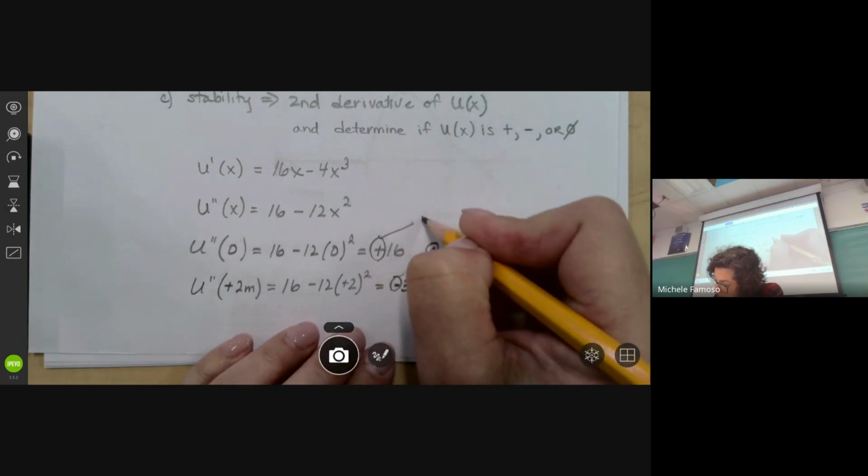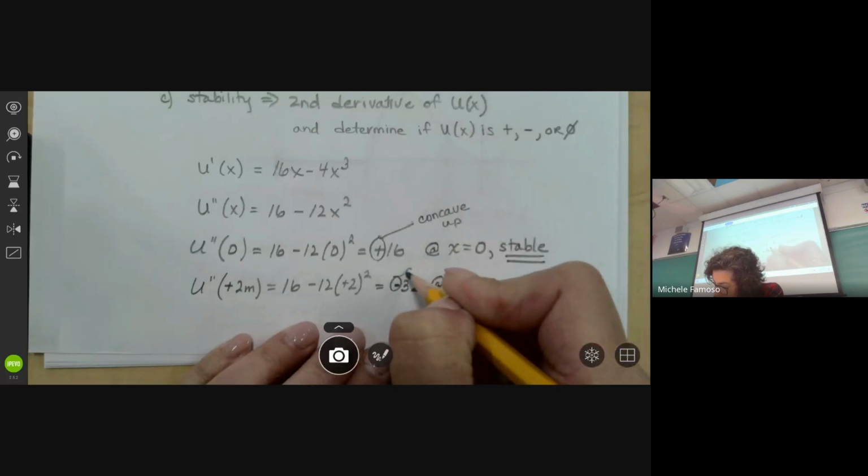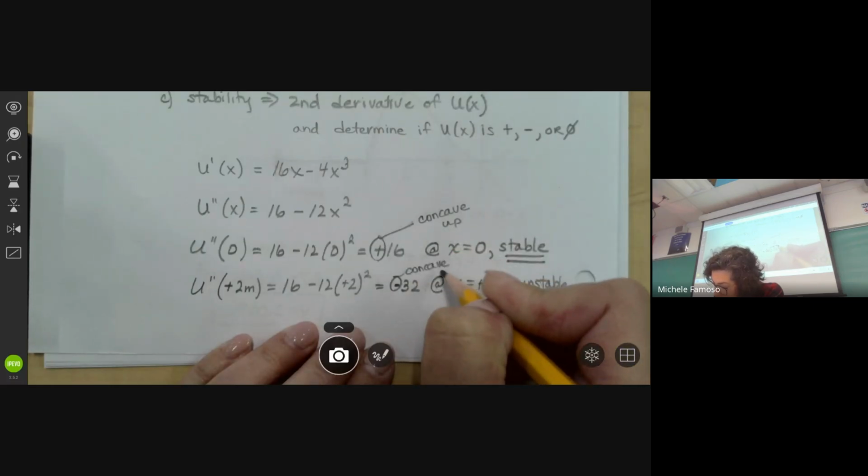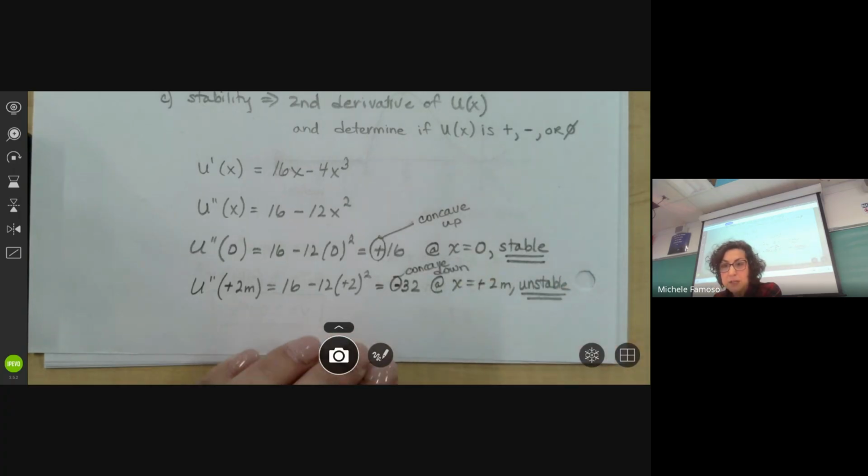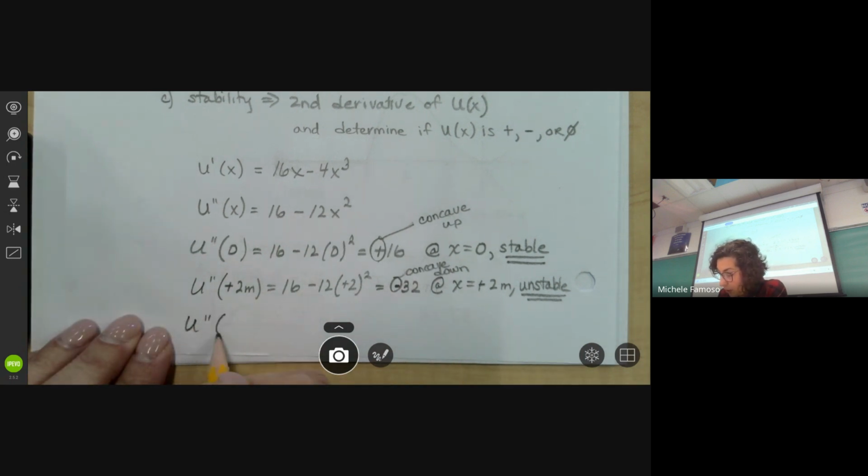This positive means concave up. This negative means concave down. That's something you're going to learn about in calculus when you're doing the derivative. So the second derivative will help you to determine the concavity of the graph. And then I'm going to evaluate it at negative 2 meters.